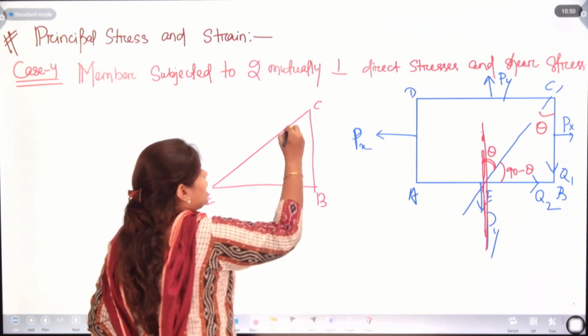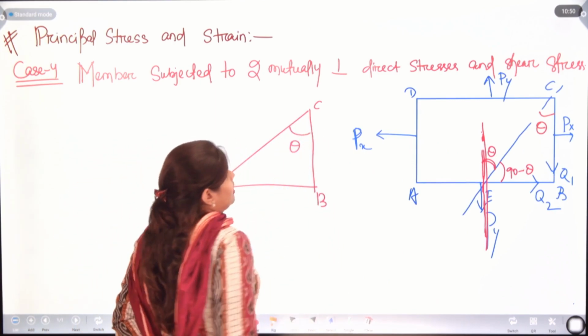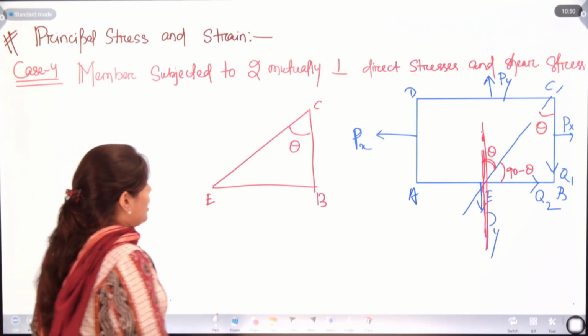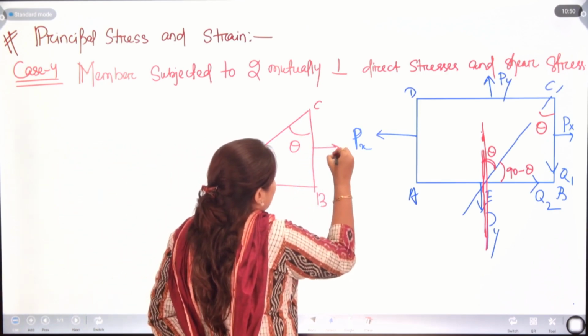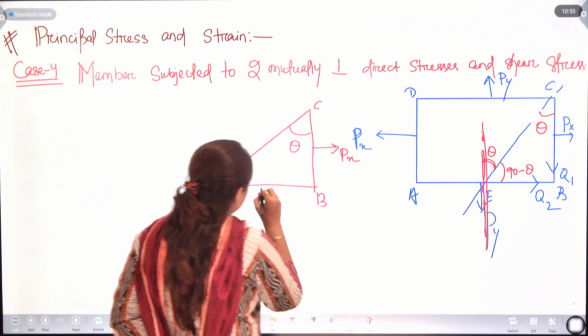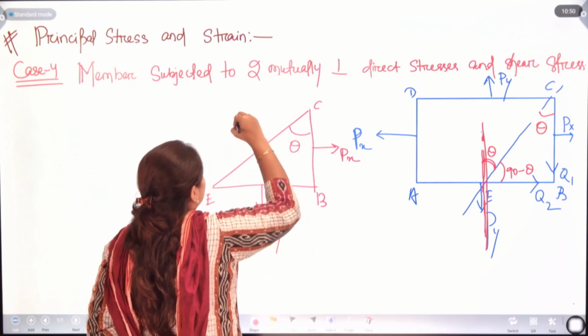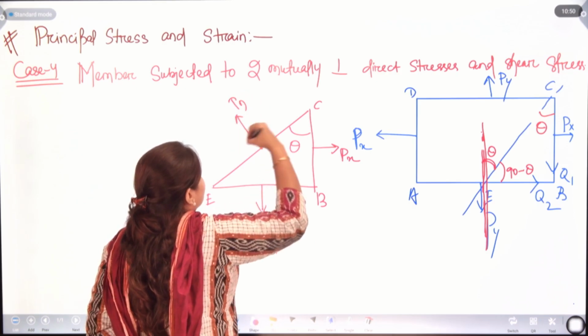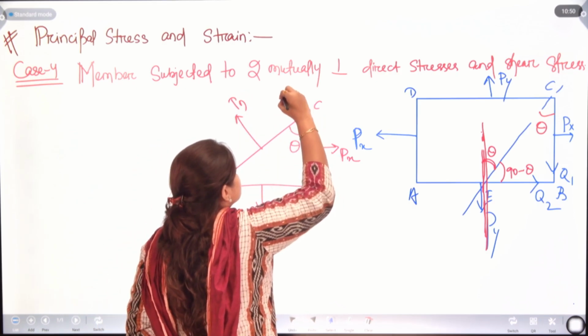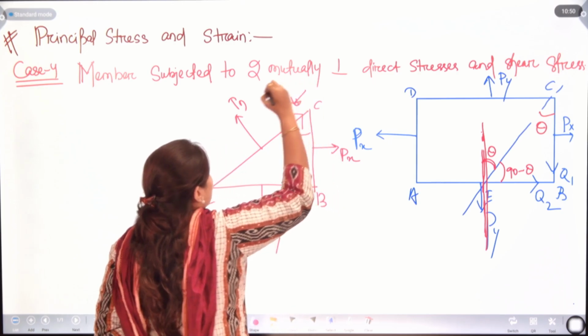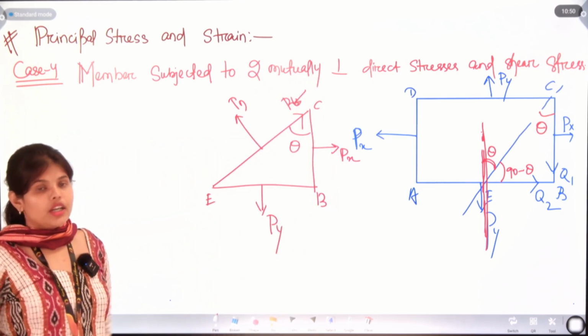So, this C angle is theta, right? And we have Px here and Py here. There will be normal stress, that is Pn, and the tangential stress will be Pt. Actually, these are the forces acting.